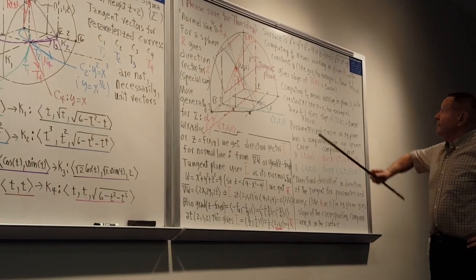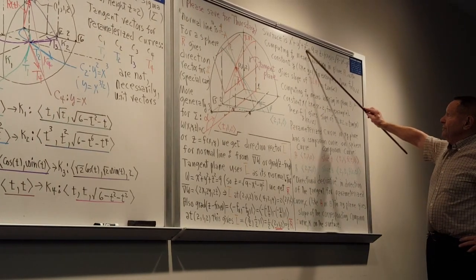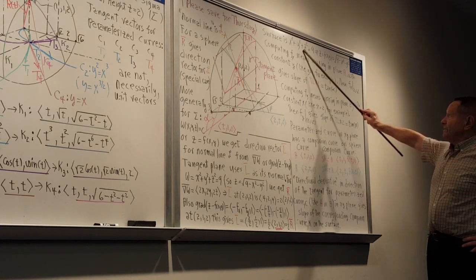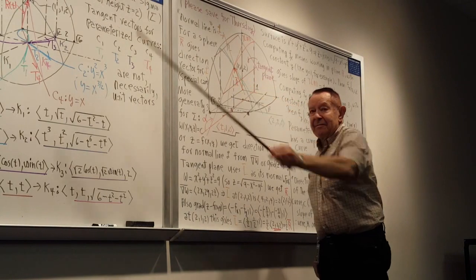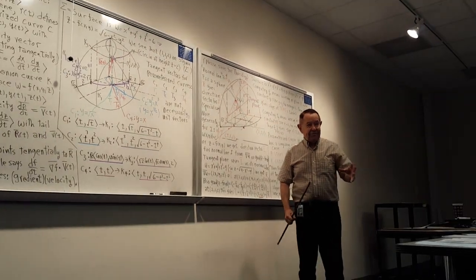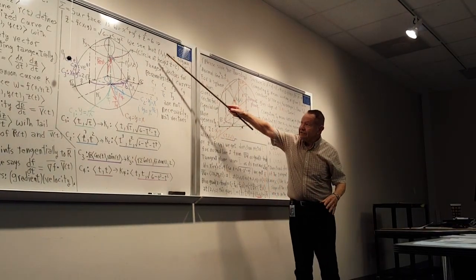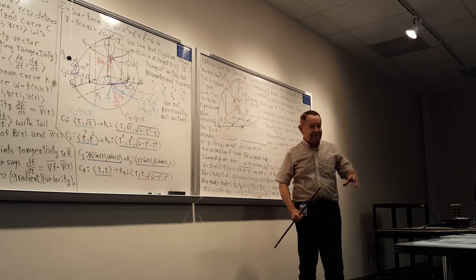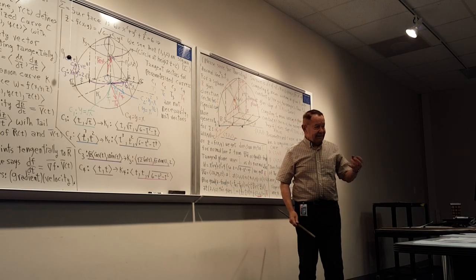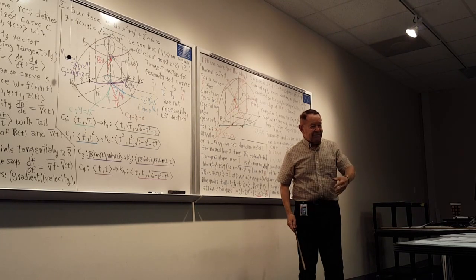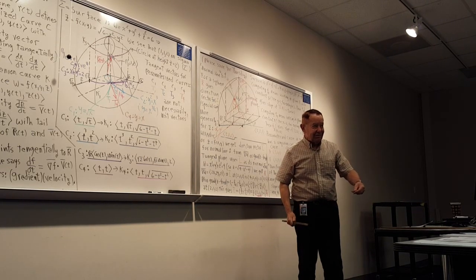So then your dw dt, whether it's this w or that one, doesn't really matter. If the sum of squares is a constant, and that's your w, then dw dt is the derivative of the constant, which is 0.